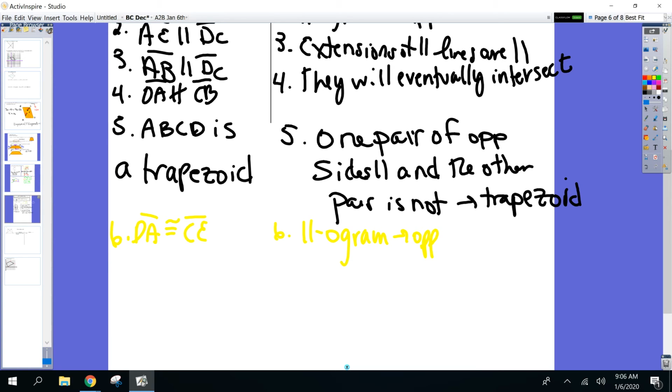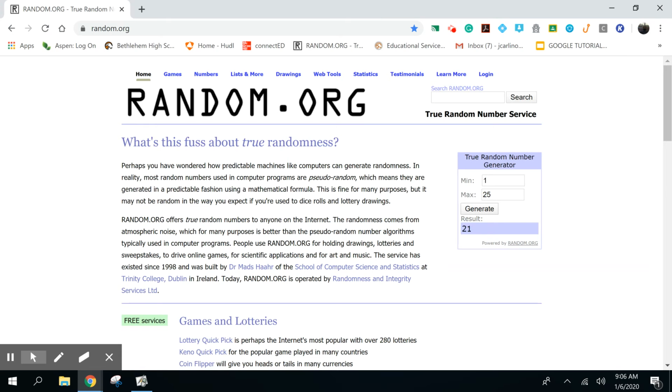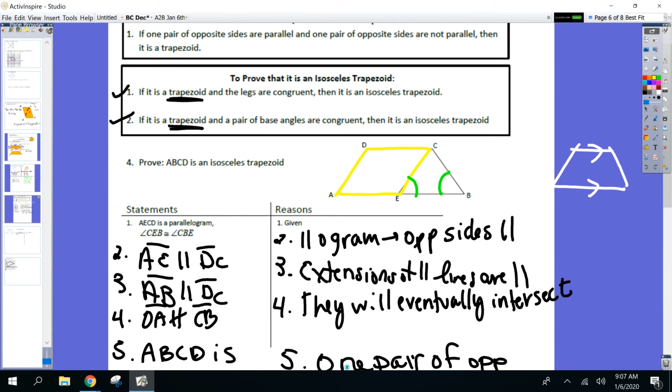Yep. Also needed what before proving the legs congruent? Needed one more step before saying the legs were congruent. 21. What was it?